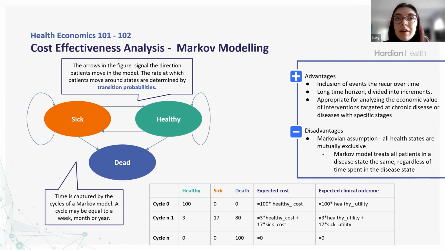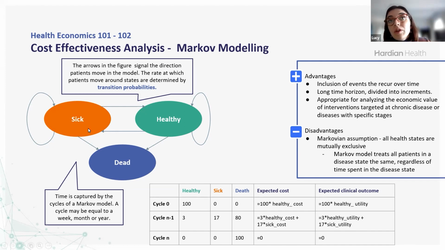Then the time horizon of the model is broken into increments. Say you've got a time horizon of 50 years, that time horizon can be broken into yearly increments. So you'll have 50 cycles of the model, each cycle equal to 1 year. In cycle 0, all patients will be healthy. Then in cycle 1, some patients may die, some patients may remain in their healthy state, some patients will get sick.